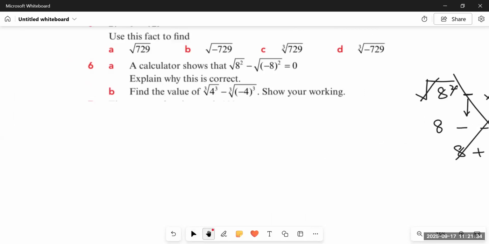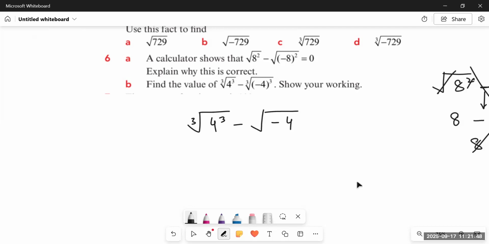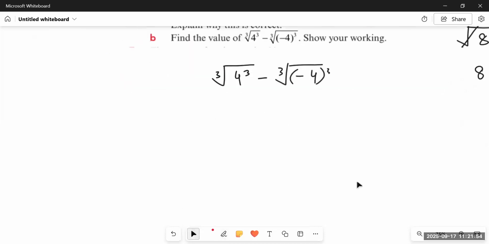Now we have to find out the cube root of 4 minus the cube root of minus 4, and we have to show the workings. So let's do it like this. The cube root of 4 cube minus the cube root of minus 4 cube. So if let's expand it, it would become cube root of 64 because 4 fours are 16, 16 fours are 64.